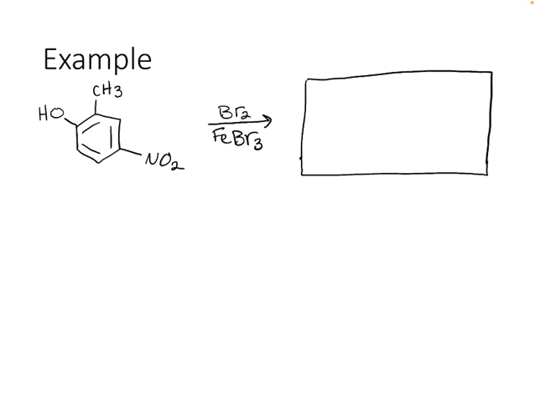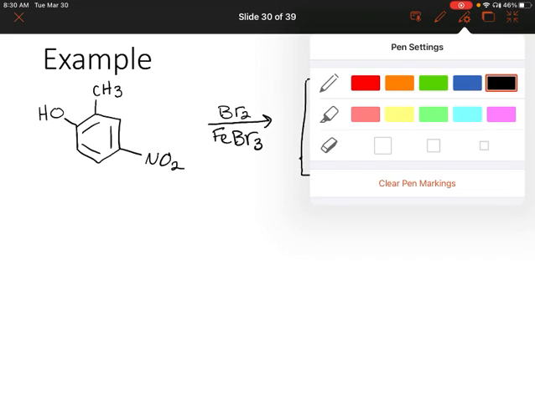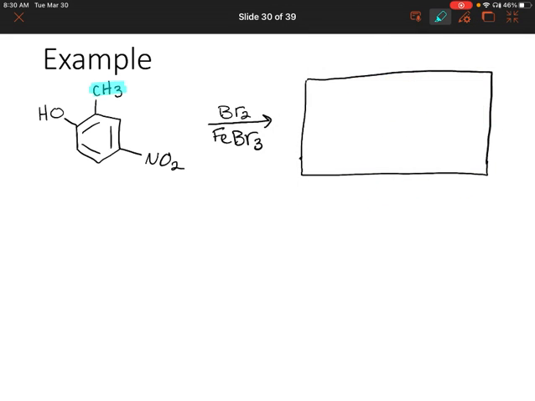All right, so let's start with identifying whether each substituent is ortho-para directing or meta directing. We'll highlight the methyl group in blue. We already said previously that CH3 is an activator, which means that it is ortho-para directing.